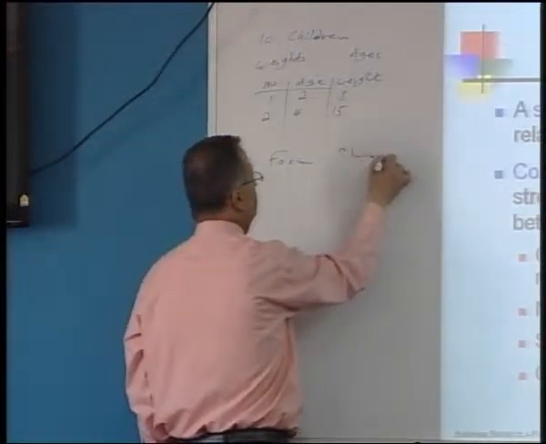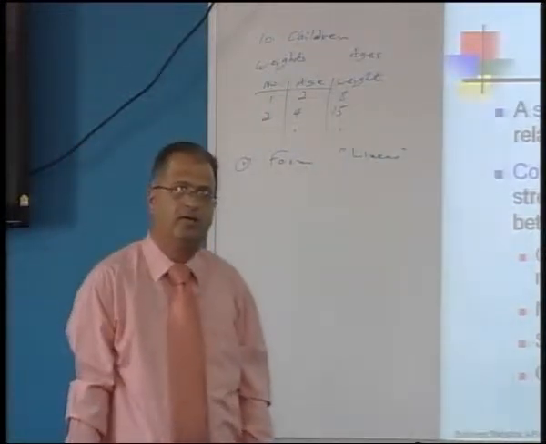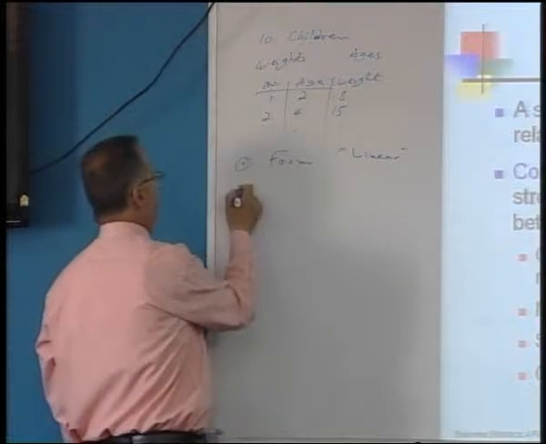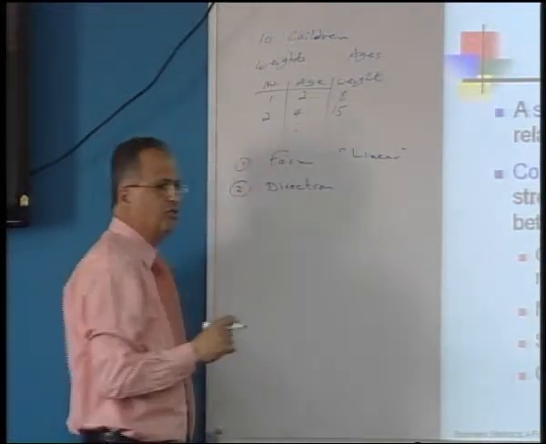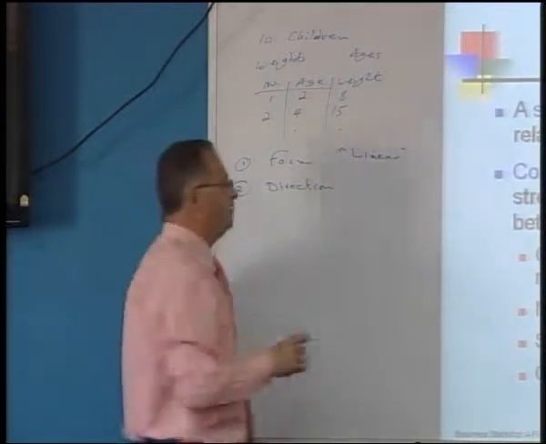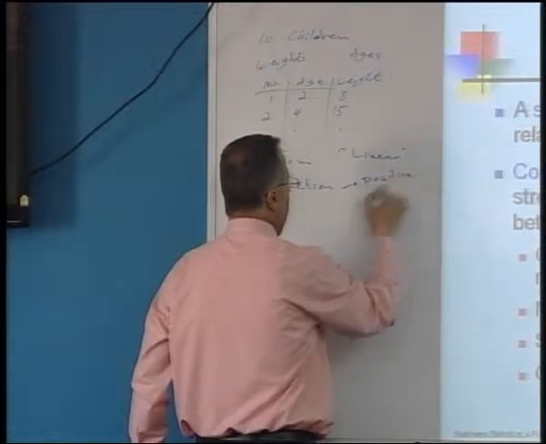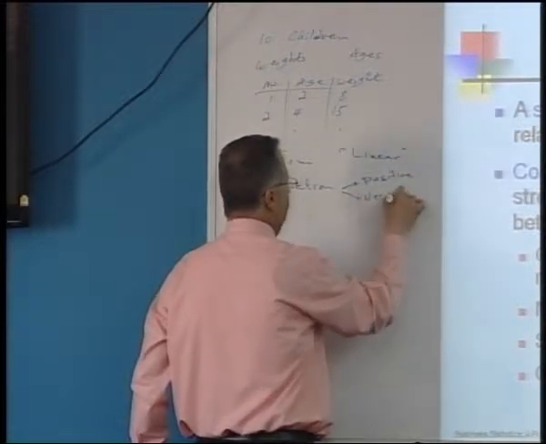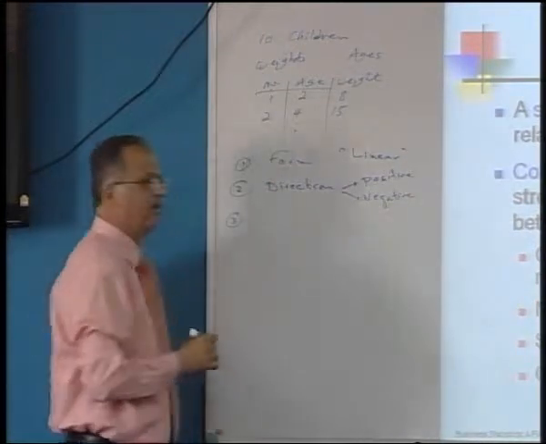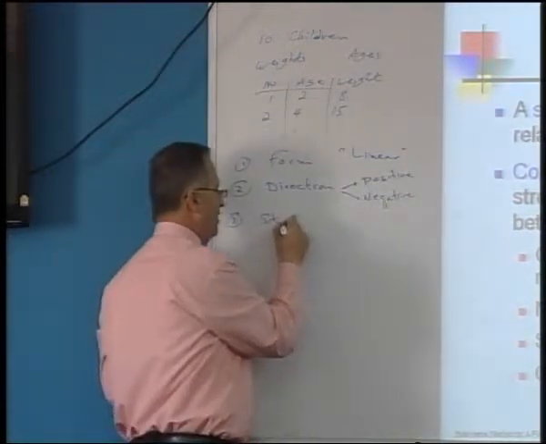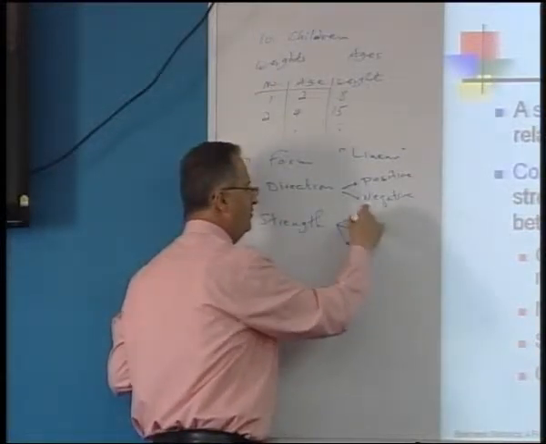Here we'll focus just on linear relationship between x and y. The second, we have to know the direction of the relationship. This direction might be a positive or negative relationship. In addition to that, we have to know the strength of the relationship between the 2 variables of interest.